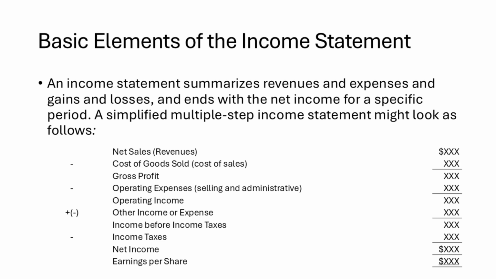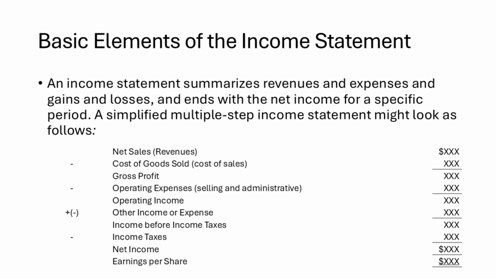The income statement summarizes the revenues, expenses, gains and losses, and ends with the net income for the specific period. A multiple-step income statement usually presents separately the gross profit, operating income, income before income tax, and net income.